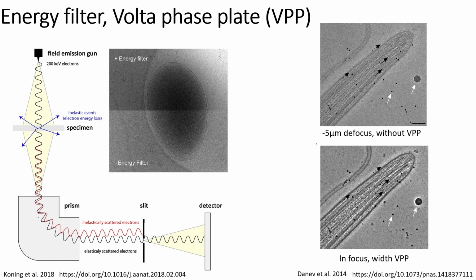Here we can see a nice show of some flagellum at -5 micron defocus without the Volta faceplate, or an image that's in focus without any applied defocus with Volta's faceplate.